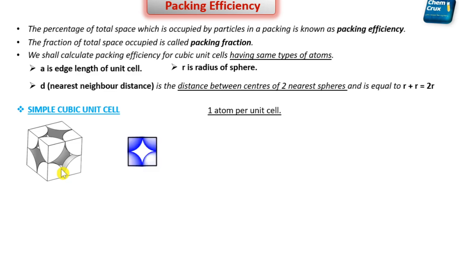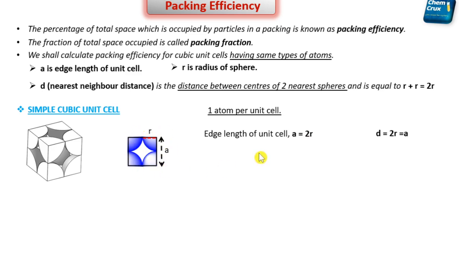So this is the front view, or view of one of the walls of the unit cell, and we know r is the radius of the sphere and a is the edge length of the unit cell. So edge length of the unit cell a is actually equal to the sum of the radius of two spheres, that is equal to 2r, as we can see from here.